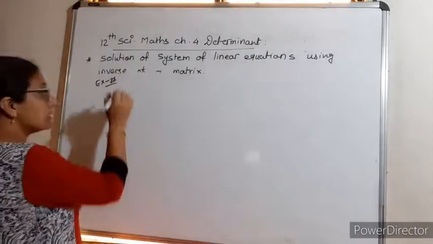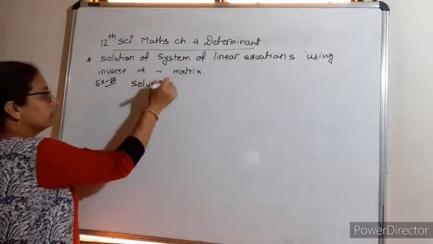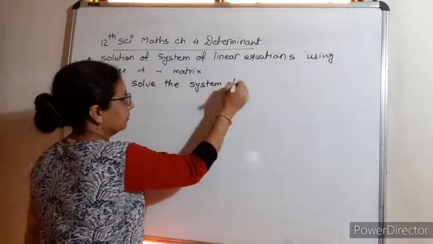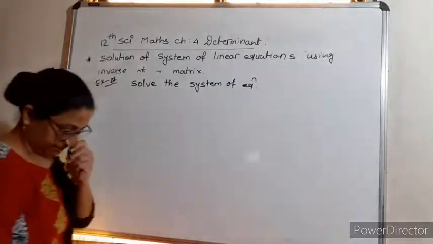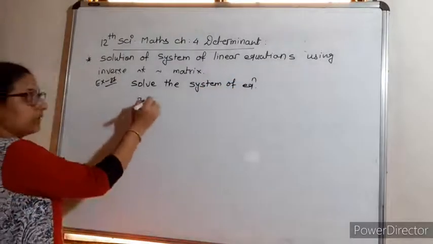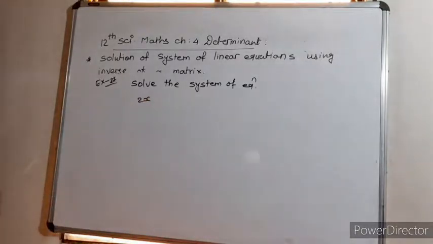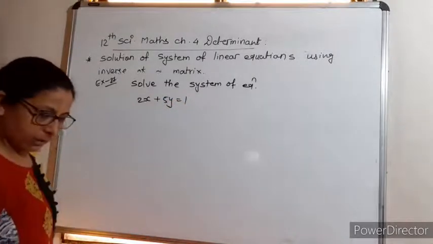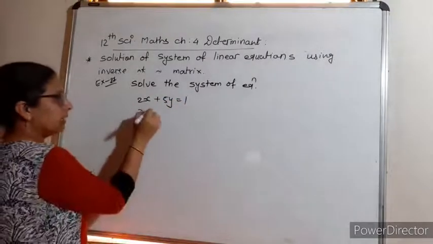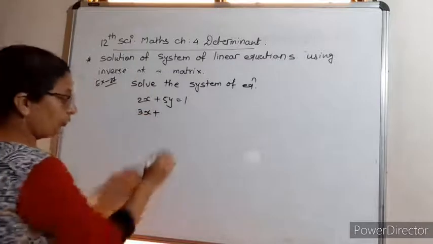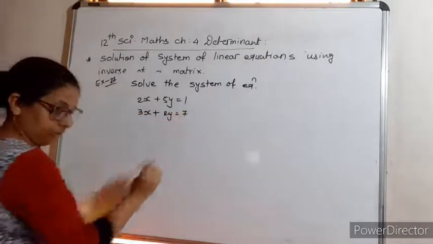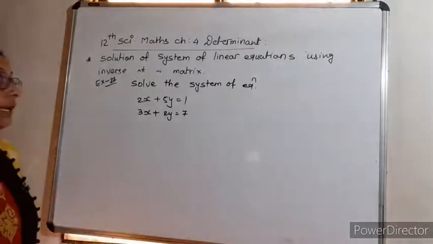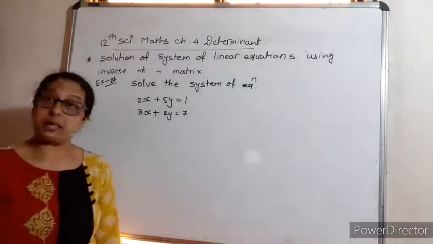Solve the system of equations 2x plus 5y is equal to 1 and 3x plus 2y is equal to 7. Here only two pair of linear equations is given and you want to find it by using determinants and matrix.